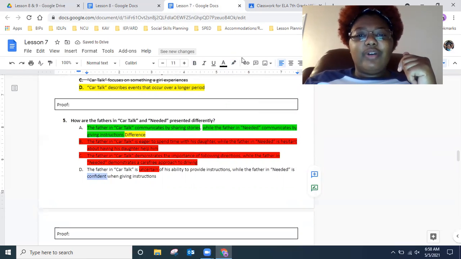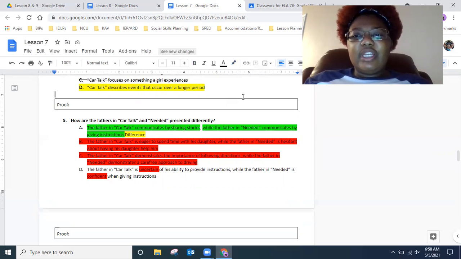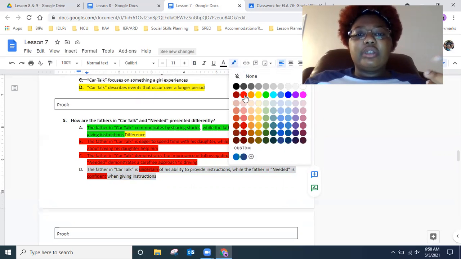I just know that the father in Car Talk is literally just sharing stories with his daughter, and the father in Needed is literally just doing work while his daughter's driving. I don't see any confidence or uncertainty. I can't say that for sure as a reader because that wasn't stated. So that's not the right answer either. So then that means that A is our answer.